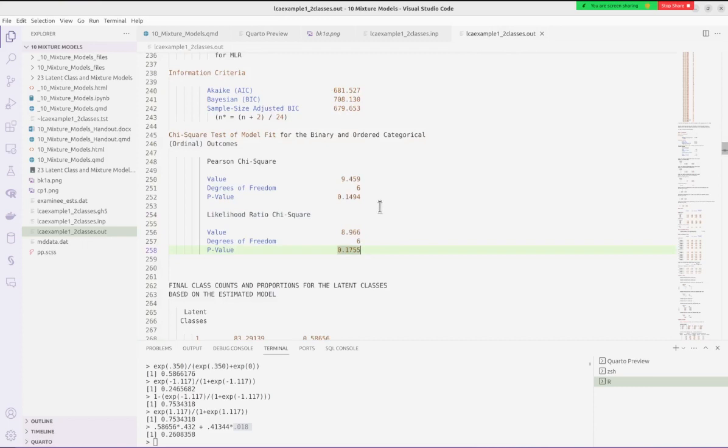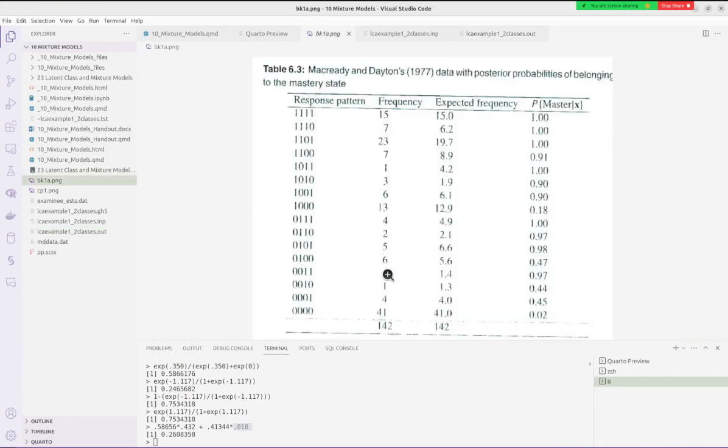So what does this tell us? Well, these are comparing, again, the frequency we observed with the frequency we expected. So if the chi-square is not significant, it means our expected frequency matches our observed frequency. Or, another way of putting that, the model fits.